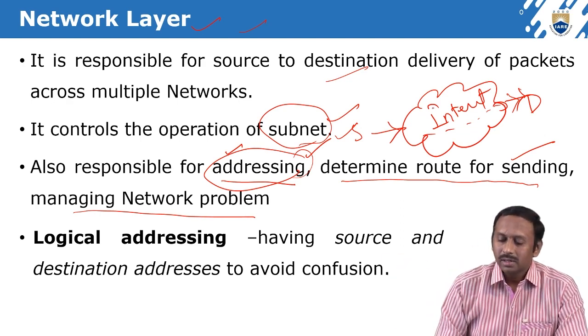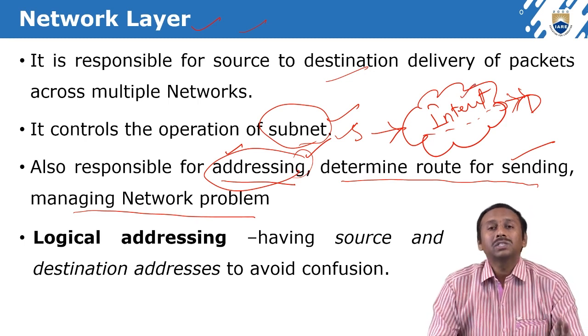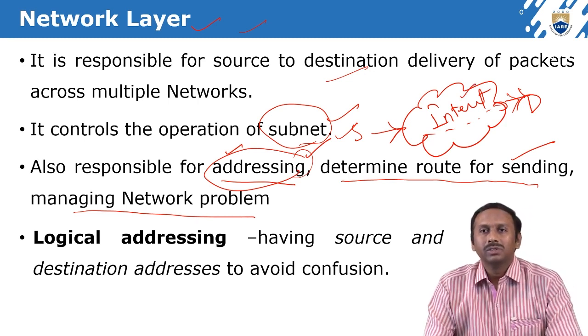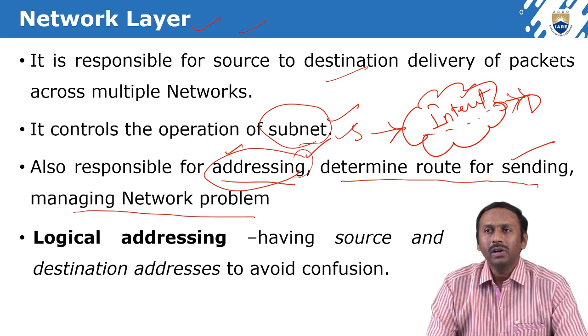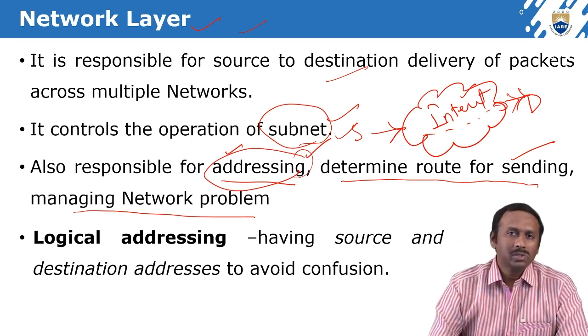The internet is a collection of multiple networks, so plenty of routes are available.